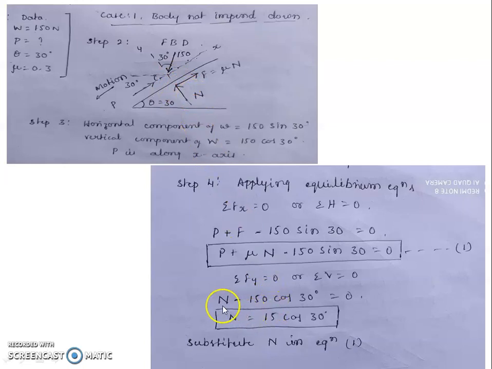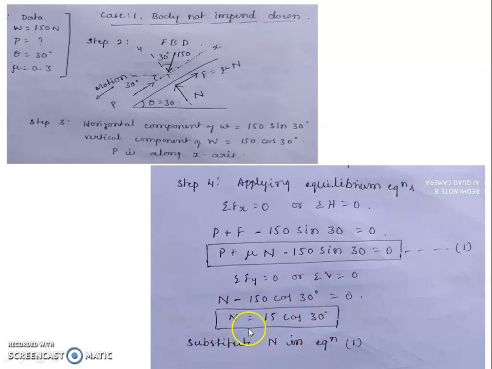You will see here N is positive and W cos 30 is negative because it acts downwards. That is equal to 0. Then N is equal to 150 cos 30.